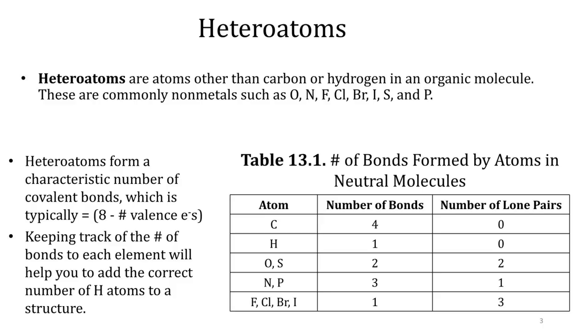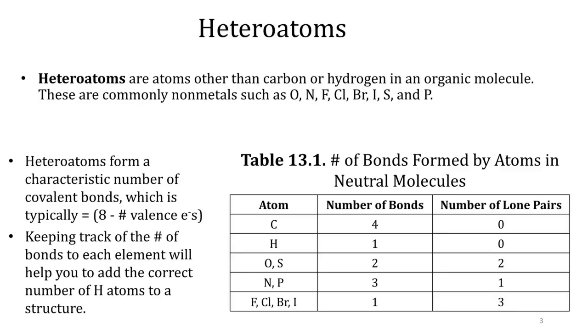So heteroatoms are atoms besides carbon or hydrogen when you have an organic molecule. Most commonly, we're going to be dealing with oxygen, nitrogen, and sulfur. But it turns out the halogens, fluorine, chlorine, bromine, iodine, as well as phosphorus are also very important.